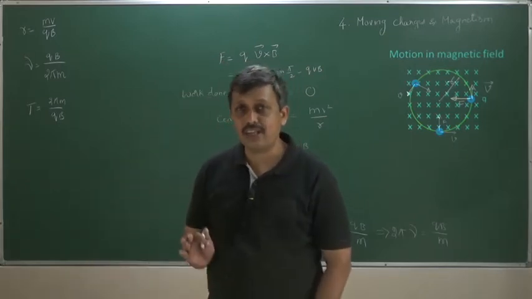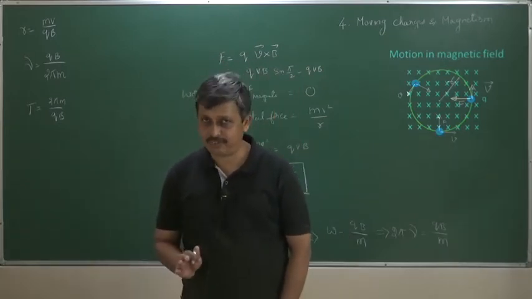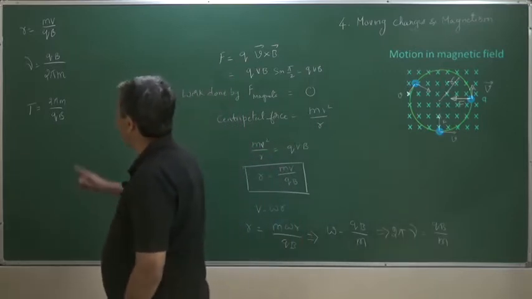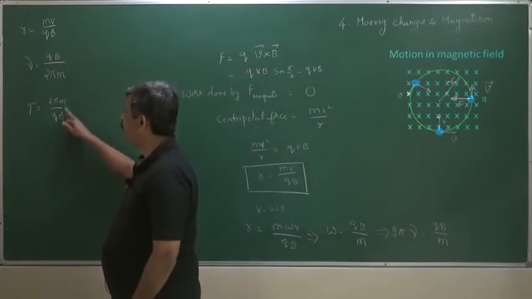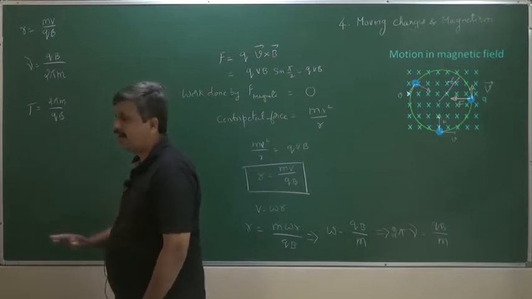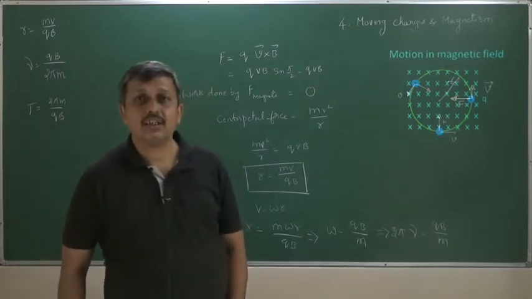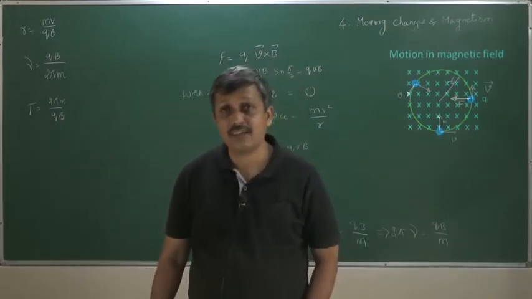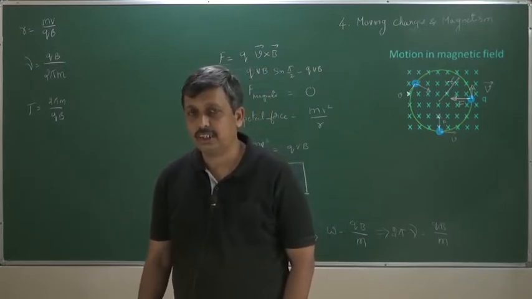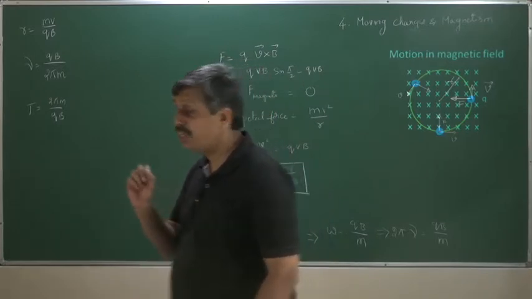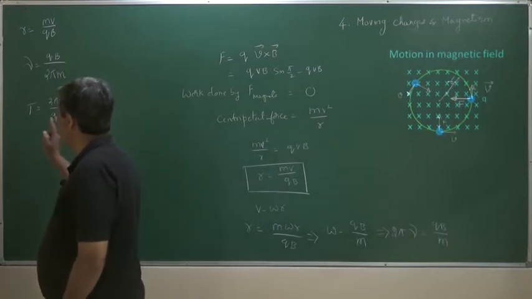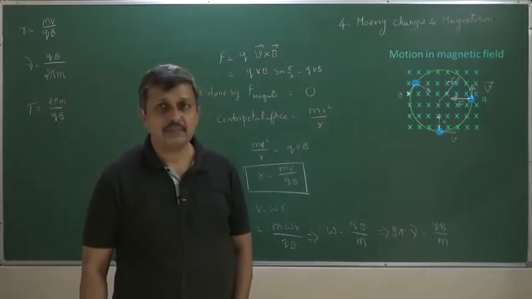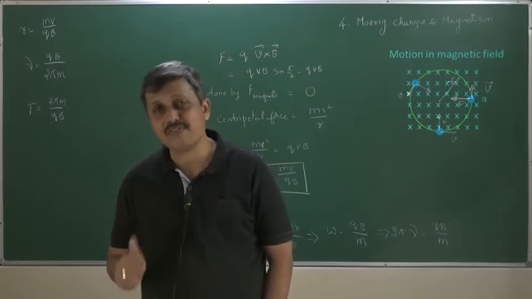So the frequency is dependent only on q, B and m values, and not at all dependent on a particular velocity of the charge. That information is very crucial for us. We are going to make use of that information, that it has the same frequency.